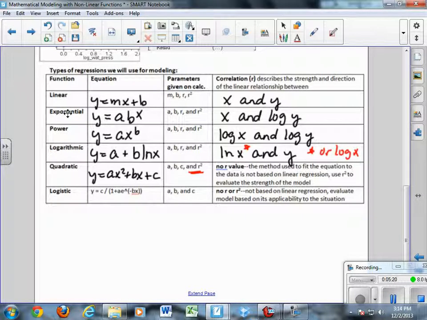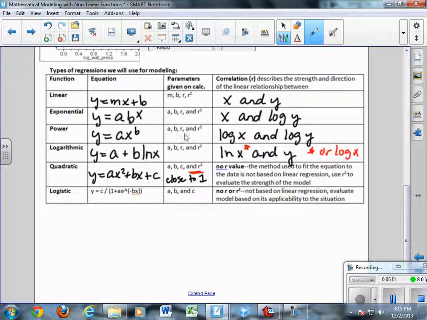In an exponential, however, it's describing the linear relationship between x and log y, in a power between log x and log y, and in a logarithmic graph between the natural log of x and y, or log x, but your calculator uses natural log. Quadratic does not have an R value because it cannot be linearized. R squared, however, is considered a good fit if R squared is close to 1. Logistic does not have R or R squared.